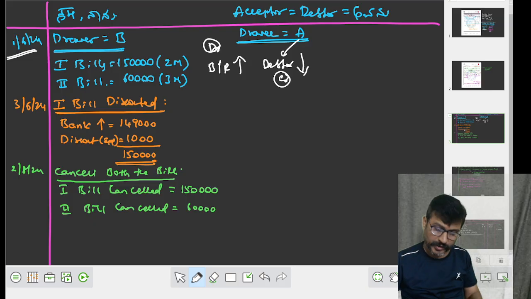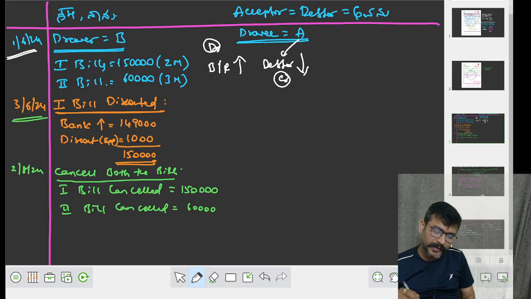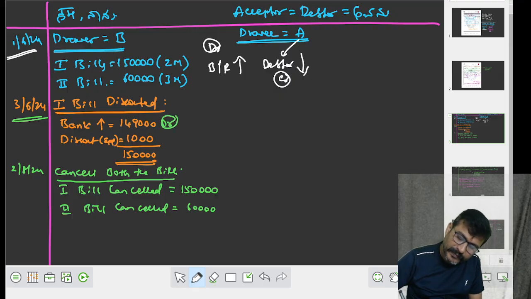Next date will be what? On 3rd June 24. First bill discounted. Bank increased, it is to be debited. Discount as an expense debit. What happened? First bills receivable decreased.